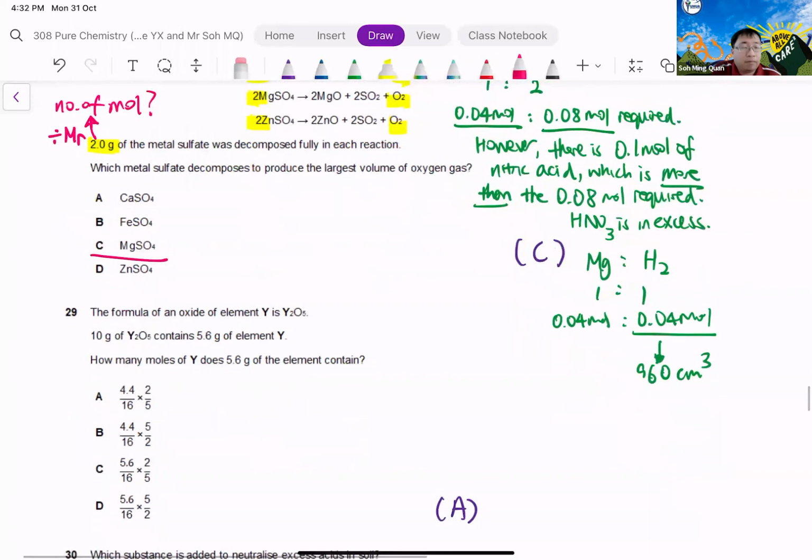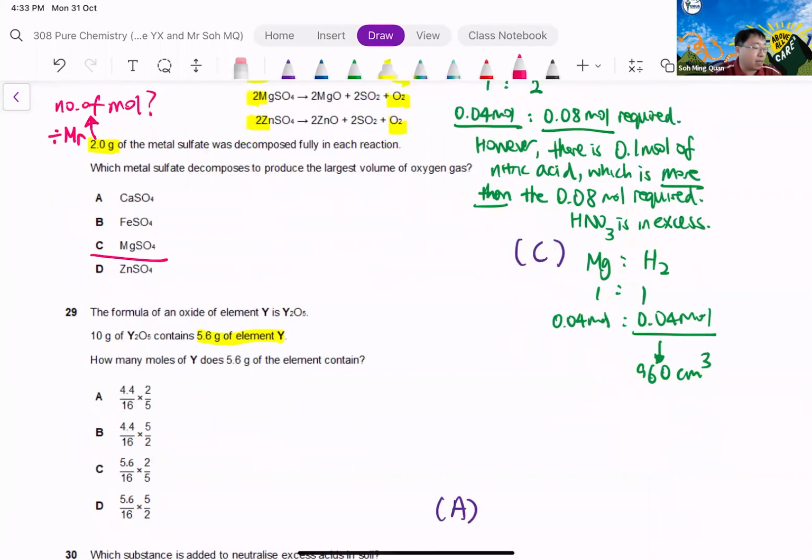Question 29. This was another question that we had gone through in class when we were doing the mole concept TYS, where I told you that if you have unknown elements, Y, you cannot use 5.6 grams to do the answer because I don't know what Y is.